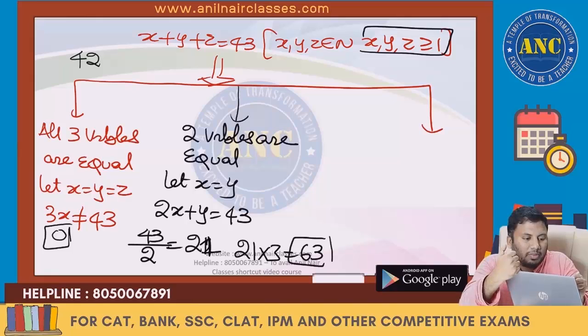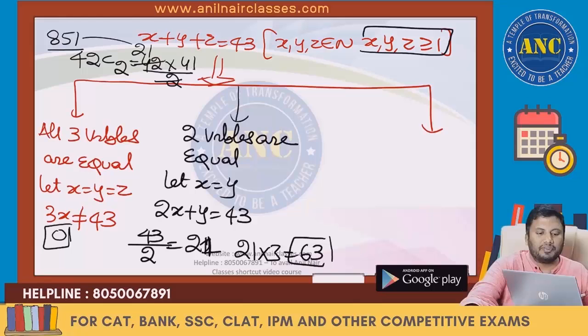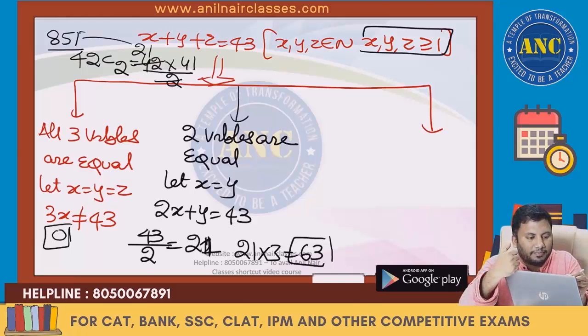43 is nothing but 42C2. So 42 into 41 divided by 2, which is 41 into 21, which is 851. 21 fours are 861, I think. 861.